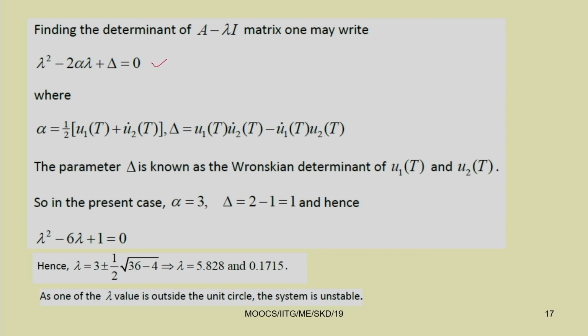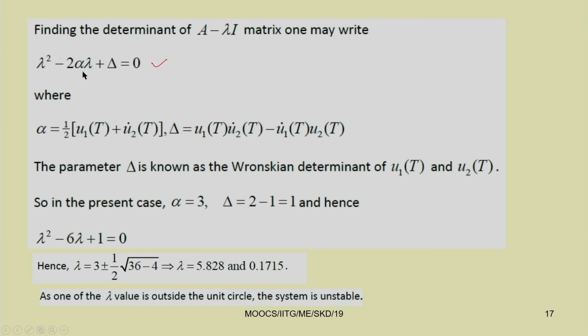Where alpha equal to half of U1 t plus U2 dot t, and delta equal to U1 t, U2 dot t minus U1 dot t, U2 t. So, this is the determinant and this is the trace of that matrix.